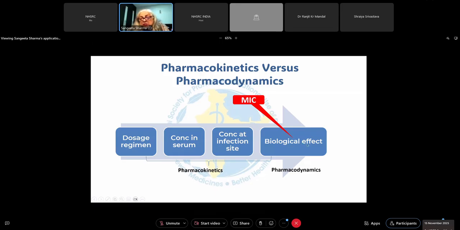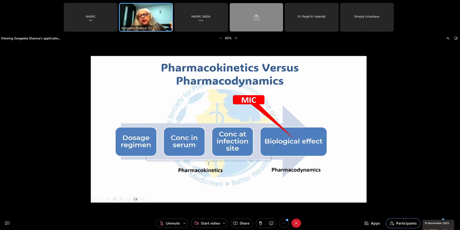For this, you have to reach the MIC, minimum inhibitory concentration, of these antibiotics in the blood. The first three are pharmacokinetics: what the body does to the drug, including absorption, distribution, metabolism, and excretion.